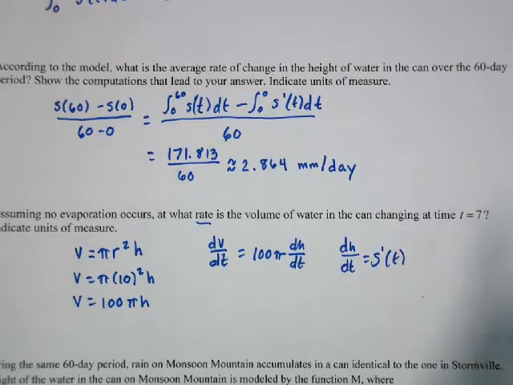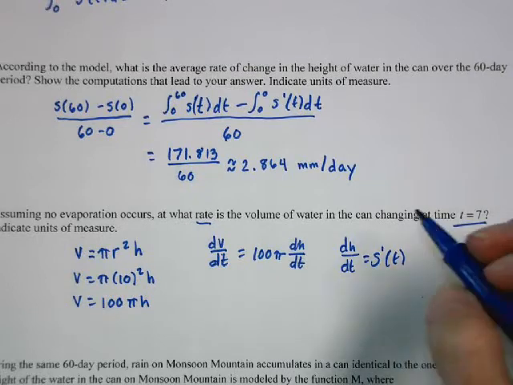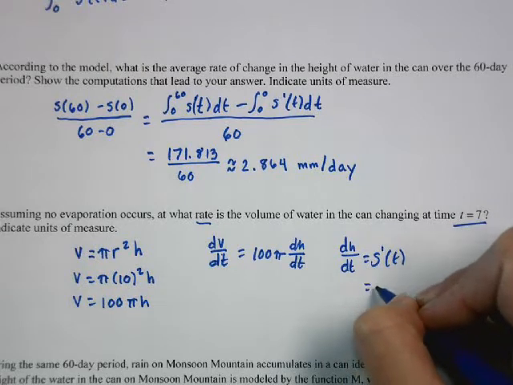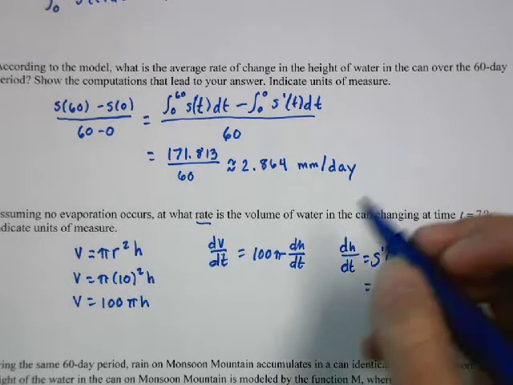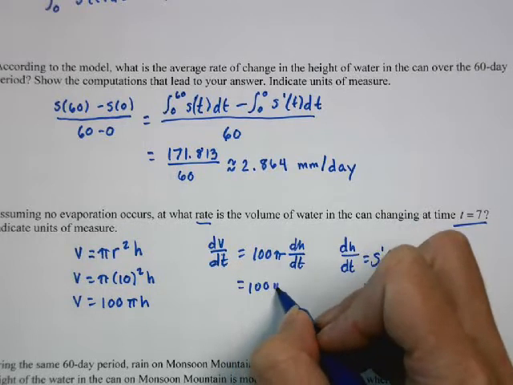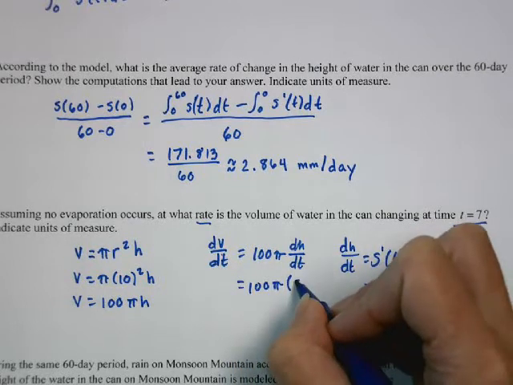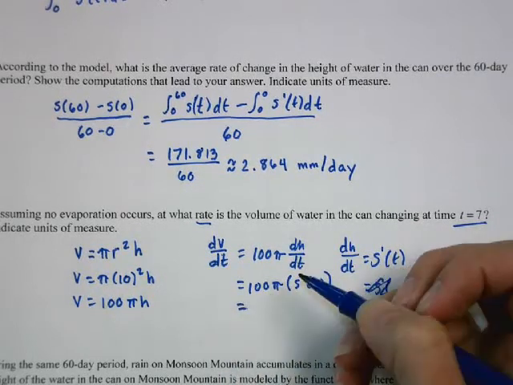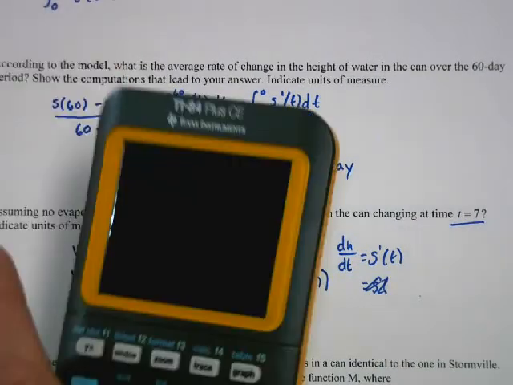Okay, and we're specifically interested in time equals 7. So 100 pi times s prime of 7. We'll use the calculator again.